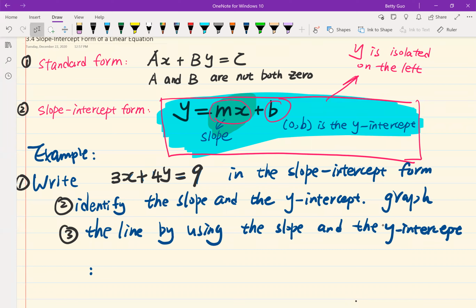Chapter 3 is pretty challenging, by the way. What is a y-intercept? I'm waiting.